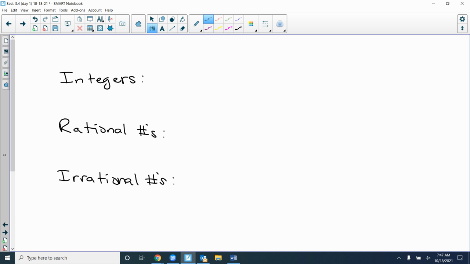So integers are positive and negative whole numbers: -3, -2, -1, 0, 1, 2, 3. Okay, they're whole numbers. Rational numbers include fractions and terminating decimals, like 2.5, 2.45.